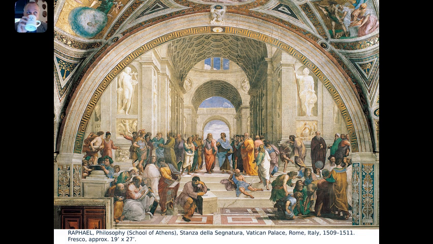He also has some other kind of traditional devices here. One is isocephaly, which means all of the heads here are on the same level, which means that none of them is more important than the other. We've got Leonardo in the center. We've got Michelangelo here in the foreground. He was added later on.